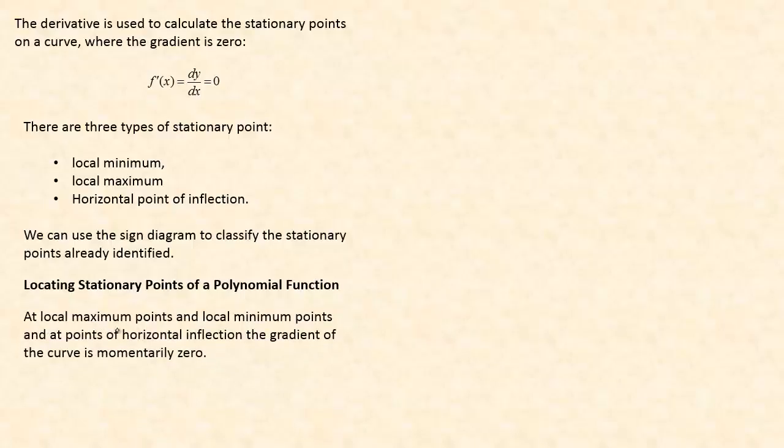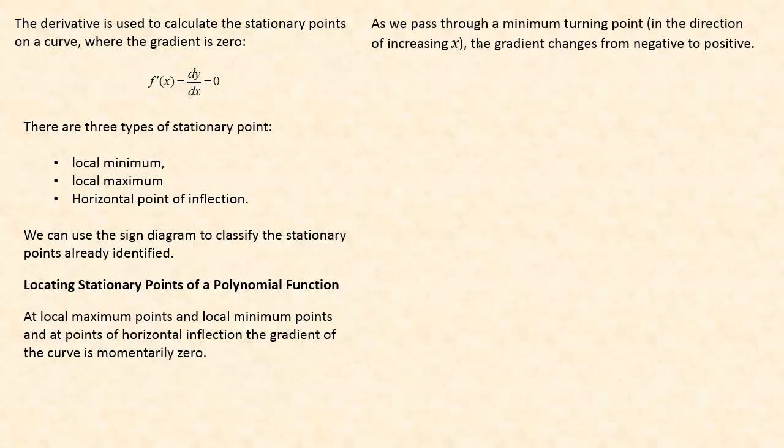At local maximum points and local minimum points and points of horizontal inflection, the gradient of the curve is momentarily 0. Now we discuss that up here. So the gradient function here, dy/dx, would be 0. As we pass through a minimum turning point in the direction of increasing x, the gradient changes from negative to positive.